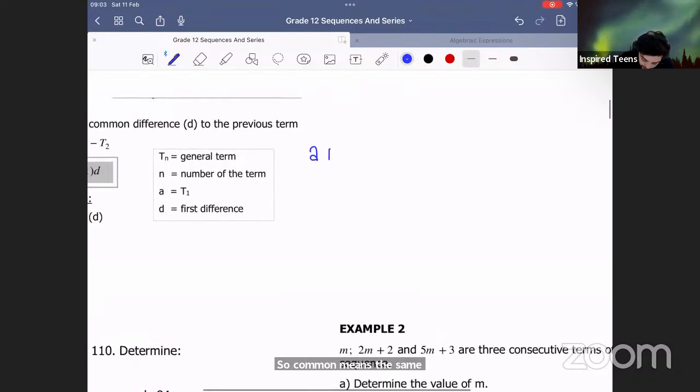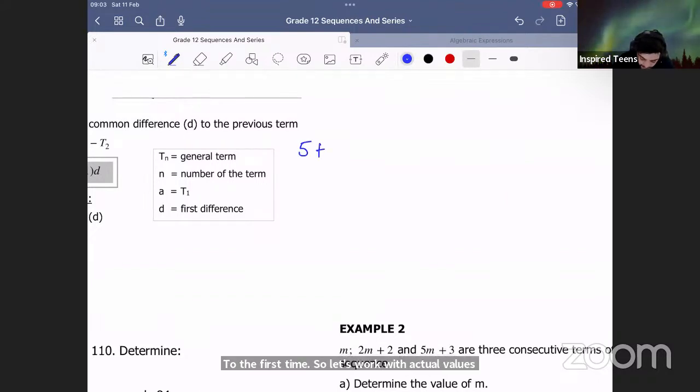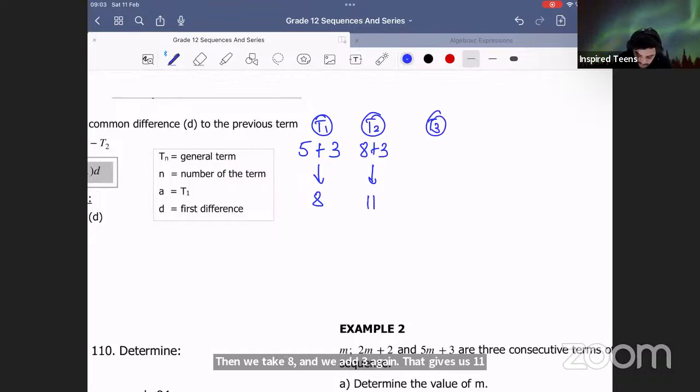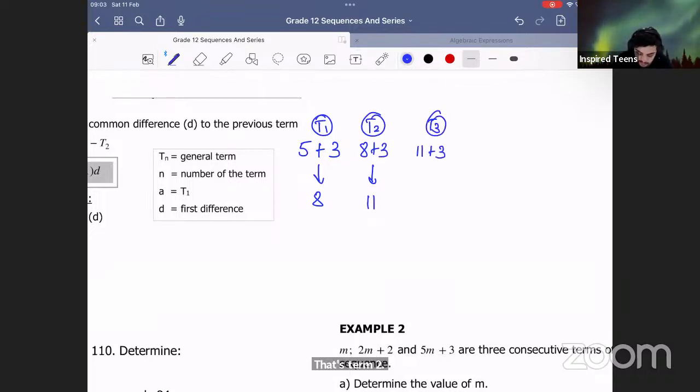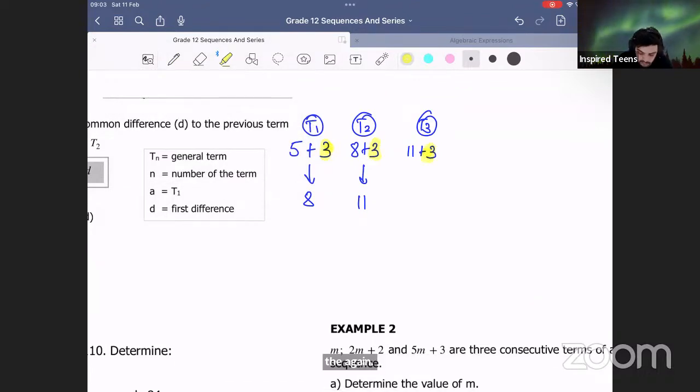Let's work with actual values. Let's say we have 5 and we add 3. That gives us 8, our first term. Then we take 8 and add 3 again. That gives us 11, that's term 2. Then for term 3, we take 11 and add 3 again. That is what they mean by a common difference.